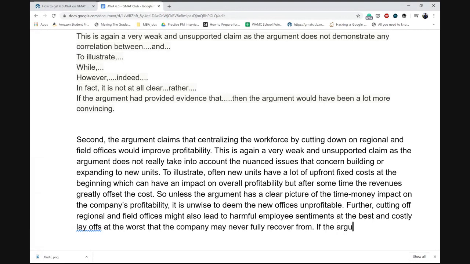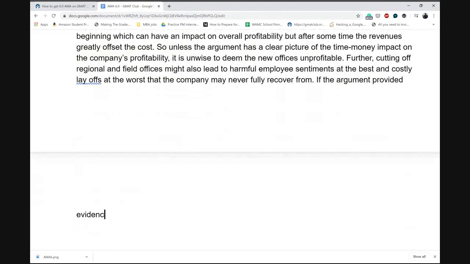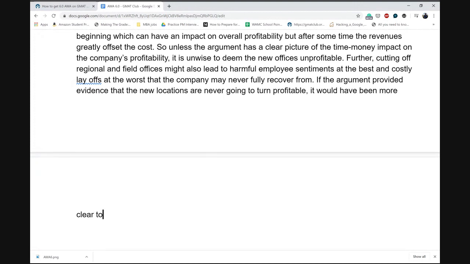If the argument provided evidence that the new locations are never going to turn profitable, it would have been more clearer to convince its goals.